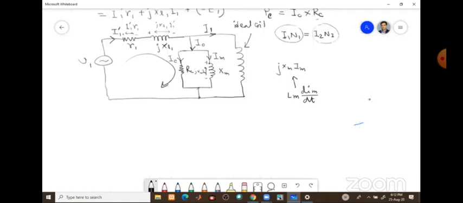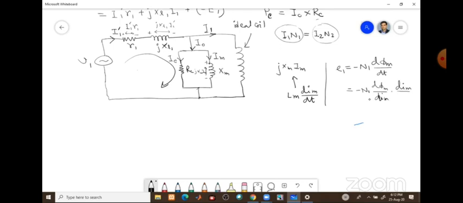We have some equation we have already discussed, that E1 equals minus N1 d phi by dt. This equation we can write as minus N1 d phi m by dim.